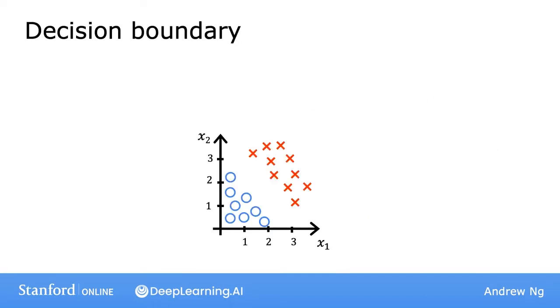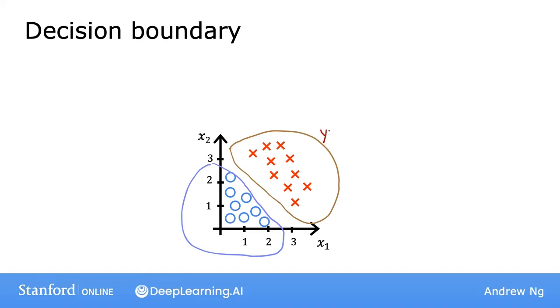I'm going to take an example of a classification problem where you have two features, x1 and x2, instead of just one feature. Here's a training set where the little red crosses denote the positive examples, and the little blue circles denote negative examples. So the red crosses correspond to y equals 1, and the blue circles correspond to y equals 0.